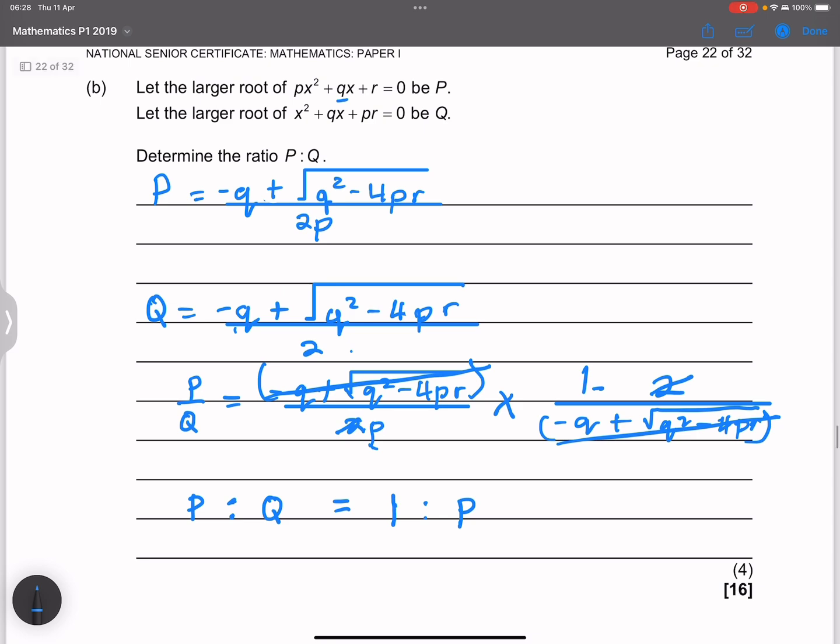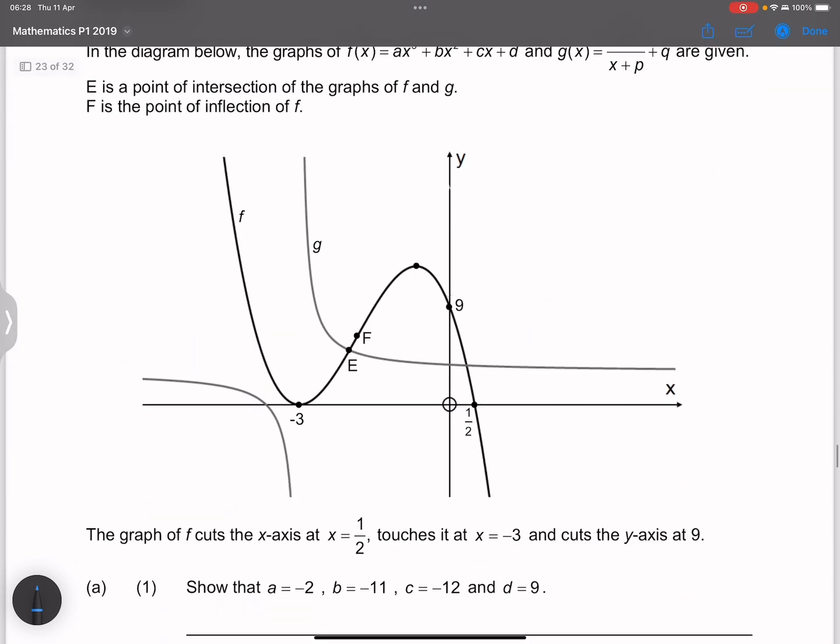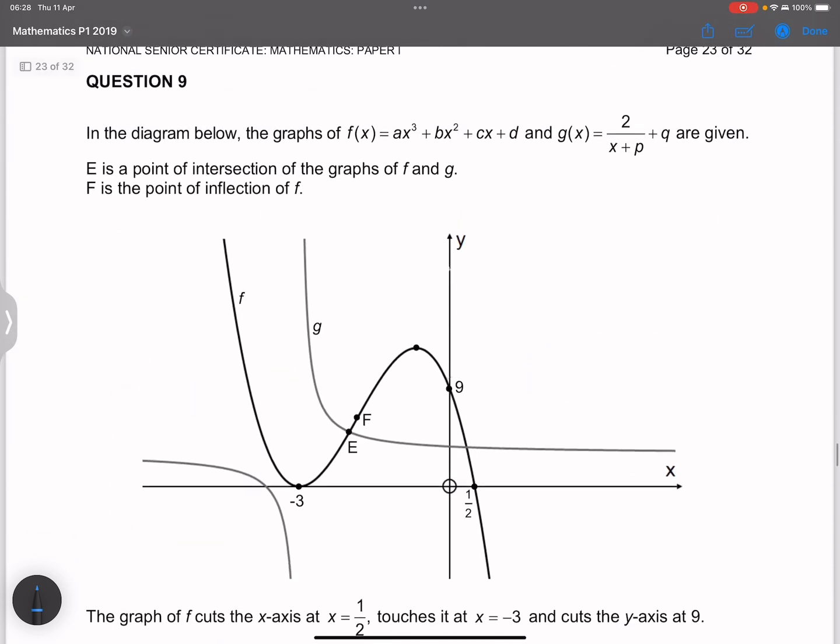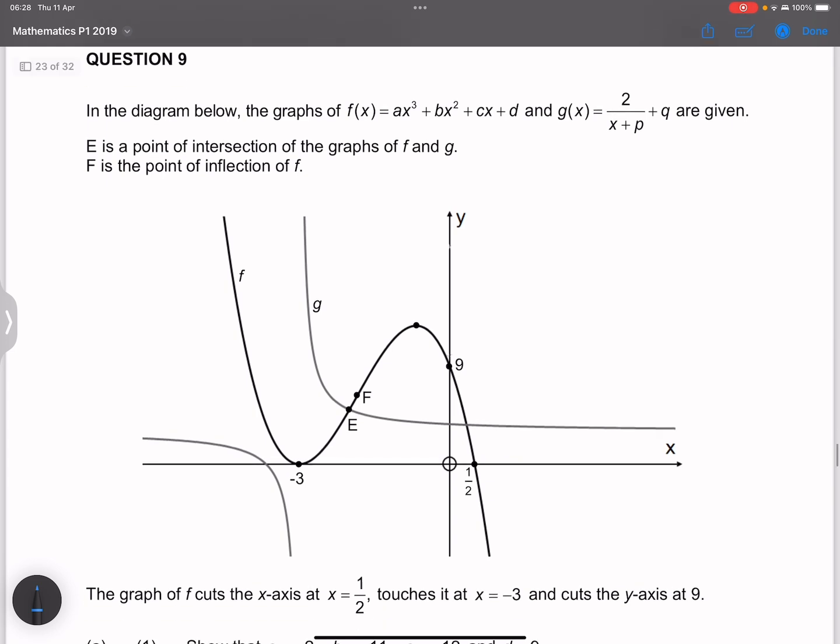Okay, so we can move on to the next question, which is question 9 on cubic functions. So they say in the diagram below, the graph of f of x, which is ax cubed plus bx squared plus cx plus d, and g of x, which is 2 over x plus p plus q, are given. All right, now they say E is the point of intersection of the graph of f and g.